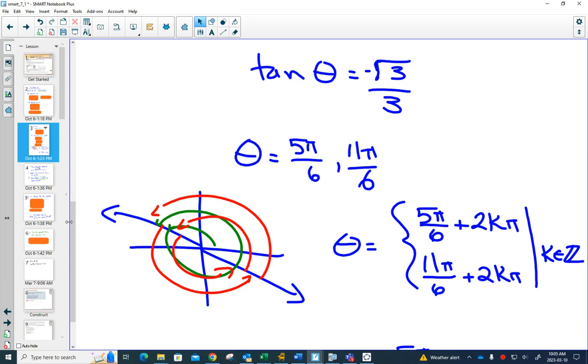In the general form, they moved the k before the pi. I don't know what the hierarchy of variables, numbers, and pi is, but it seems that instead of writing 2 pi times k, we write 2k pi. It means exactly the same thing. So this is a way of writing all the coterminal angles.